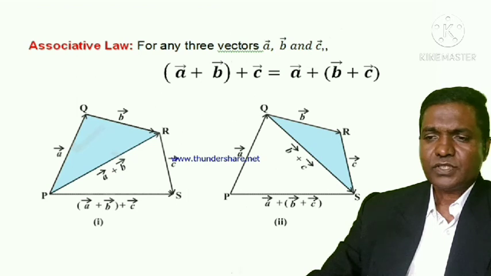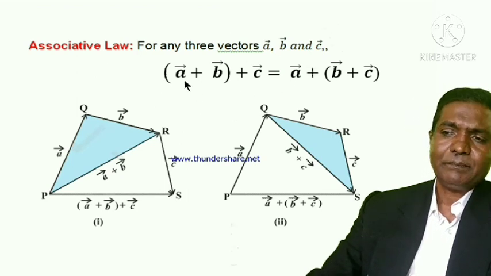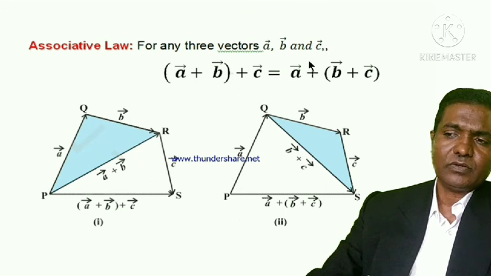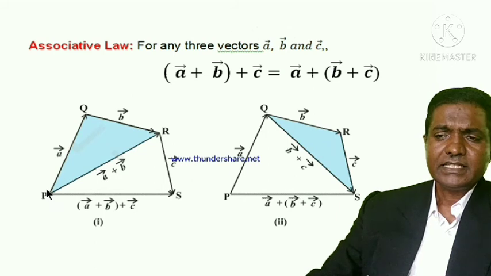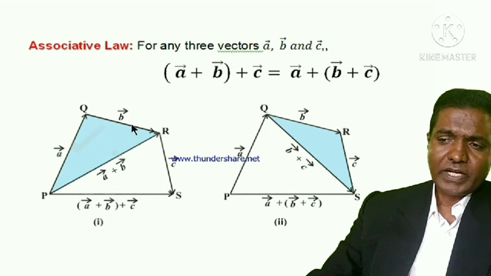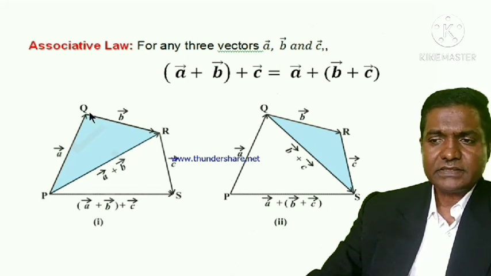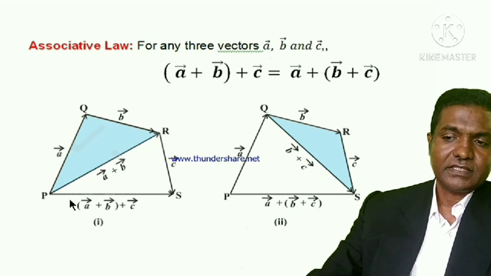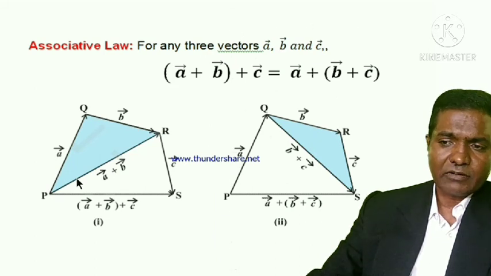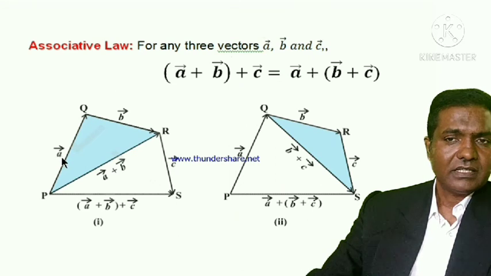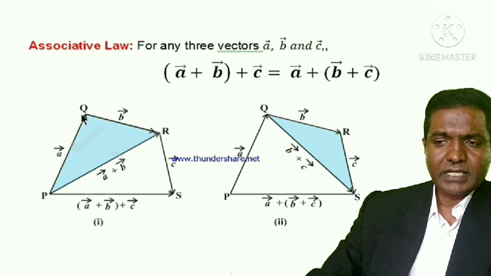Here, A plus B plus C is equal to vector A plus vector B plus vector C. If I add these two vectors first, the directions are given, so you can apply the triangle law of vector addition. The sum of these two vectors is this diagonal, as we saw earlier: vector A plus vector B is this diagonal.